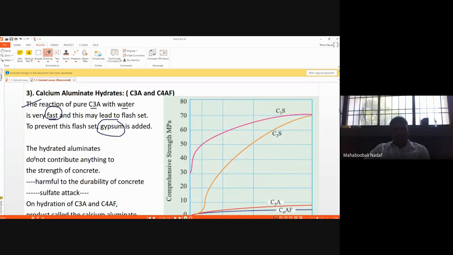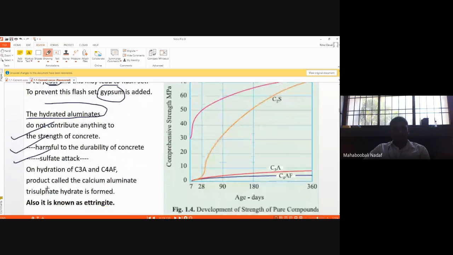The hydrated aluminates do not contribute any strength. Try to understand. Once C3A reacts with water, that gel is there, but it is not going to give any strength. It is harmful, as sulfate attack may take place. On the hydration of C3A and C4AF, one compound is forming.